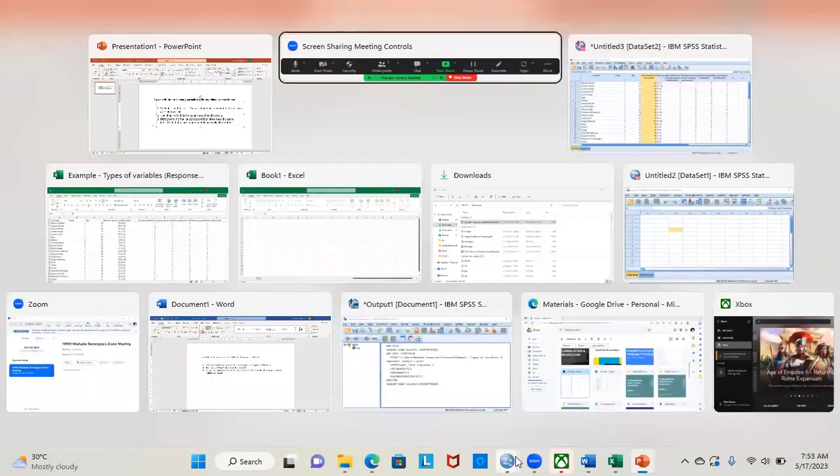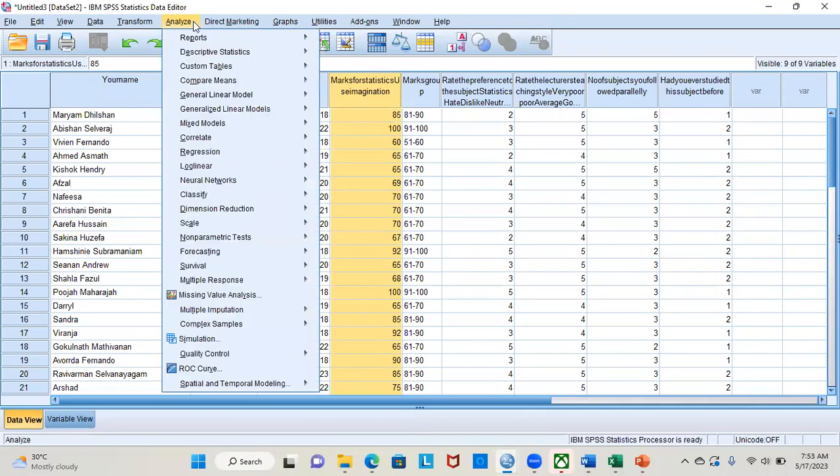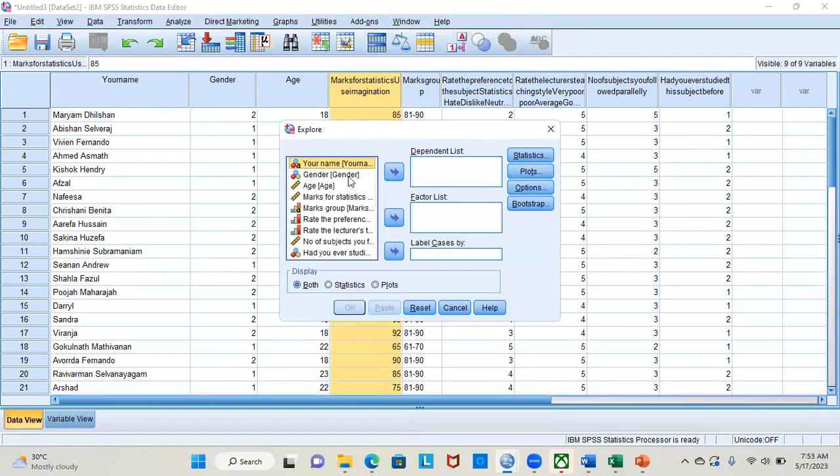We'll go to the SPSS window, go to Analyze, Descriptive Statistics, then Explore. Now here you need to select the dependent variable, which is marks.